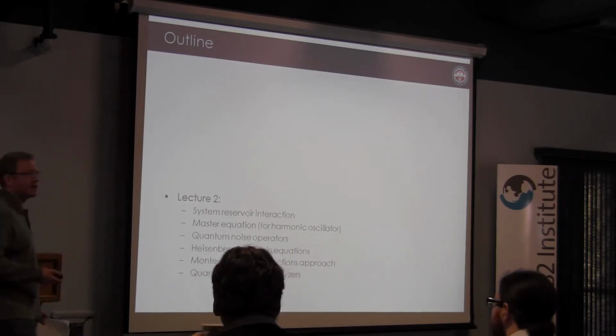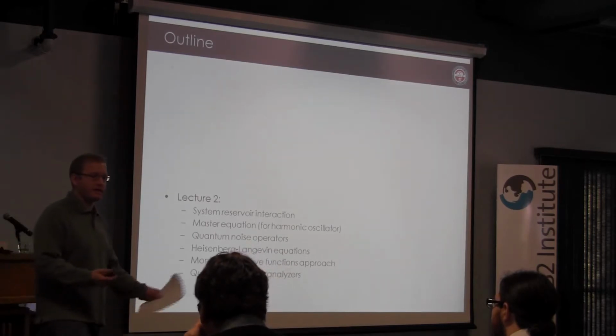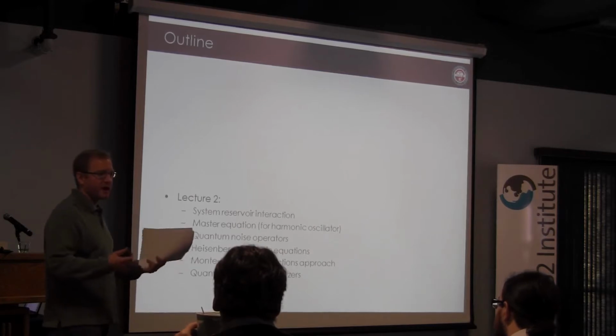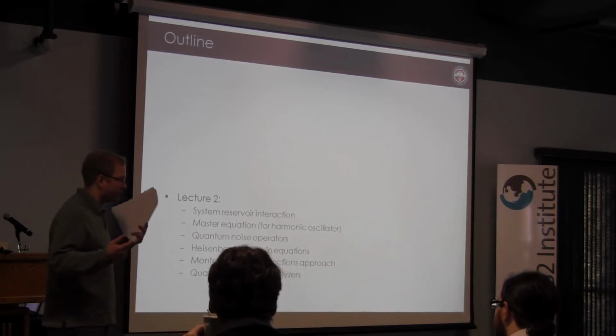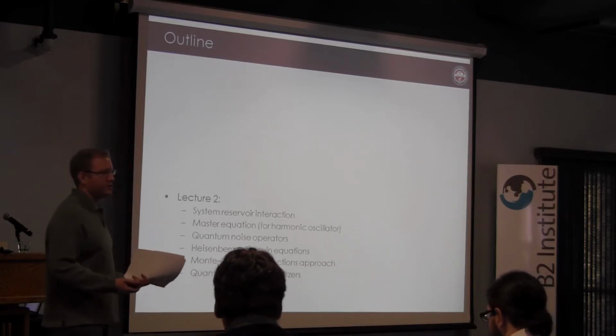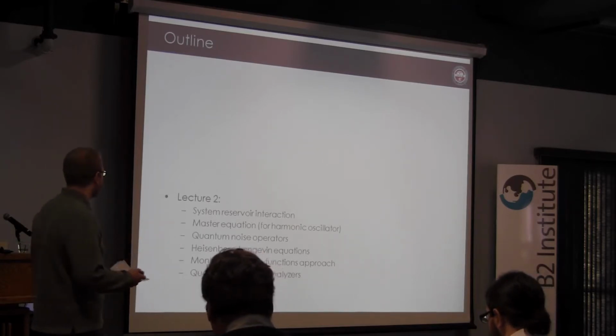So basically the second lecture is, everybody knows that quantum mechanics is governed by evolution that's given by the Schrödinger equation or the Heisenberg equation of motion, if you prefer to work in that picture, right?